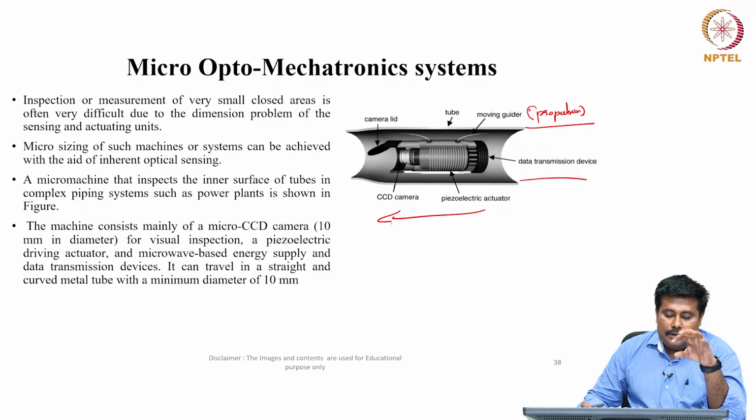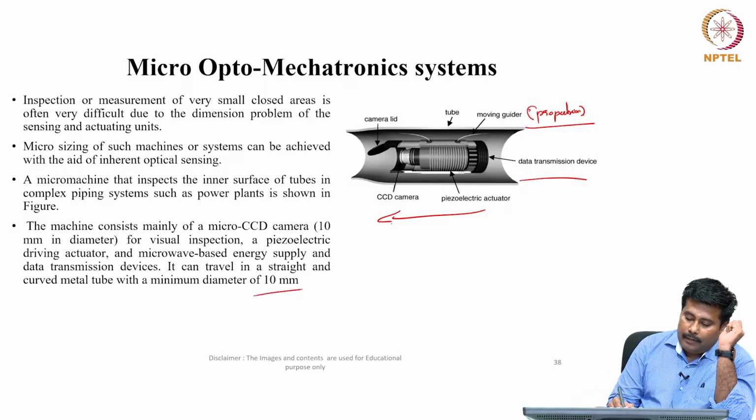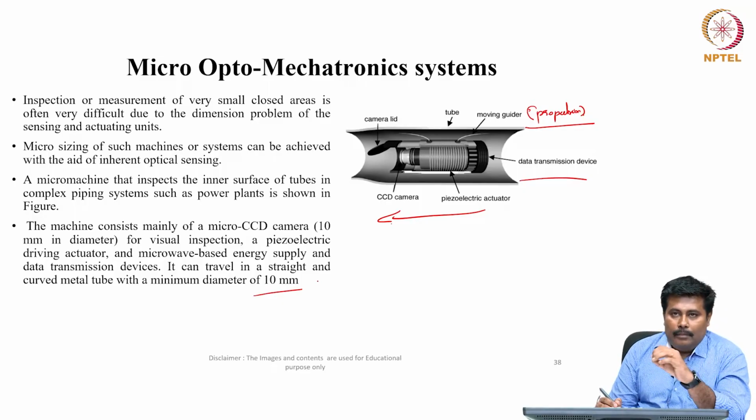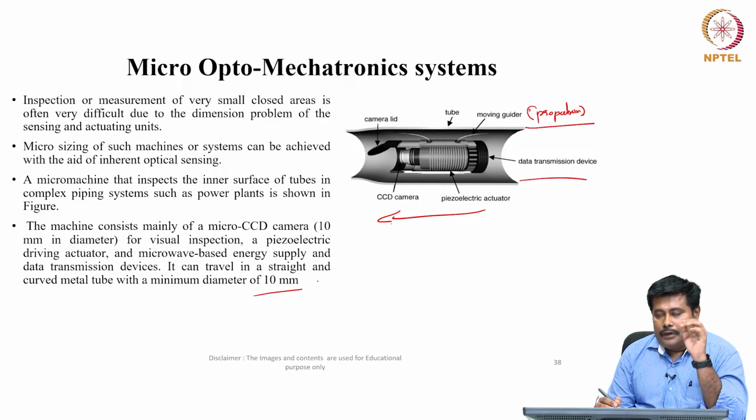The machine consists mainly of a micro CCD camera, about 10 mm in diameter, for visual inspection, a piezoelectric driving actuator, and a microwave based energy supply and data transmission device. So, it can travel straight and in a curved metal tube with a minimum diameter of close to around 10 mm, which is the overall size of the system. These kinds of systems are mainly meant for inspections.